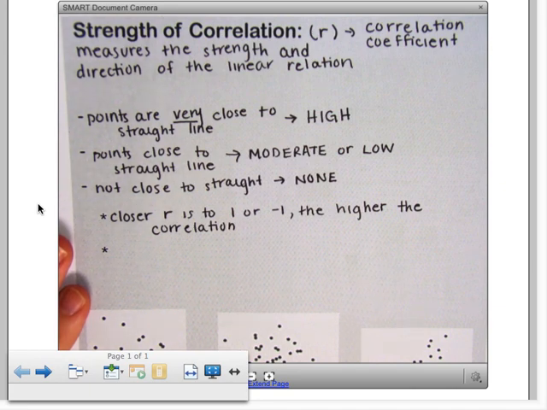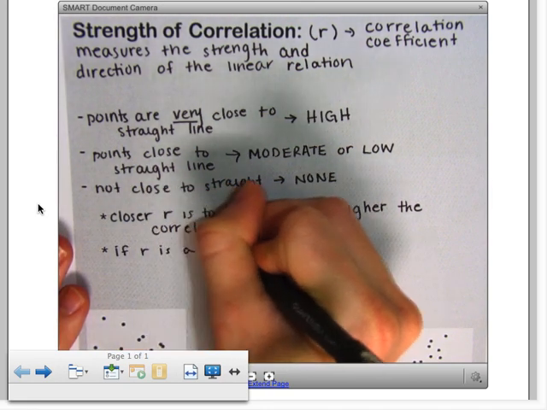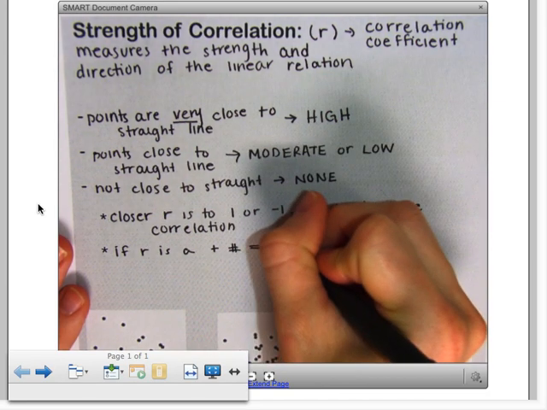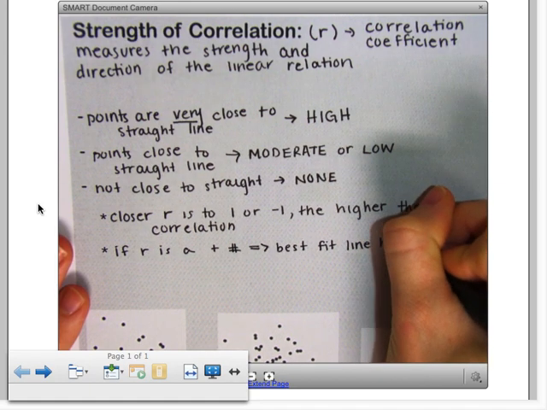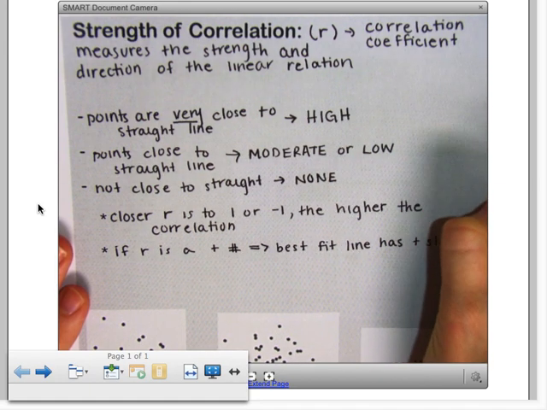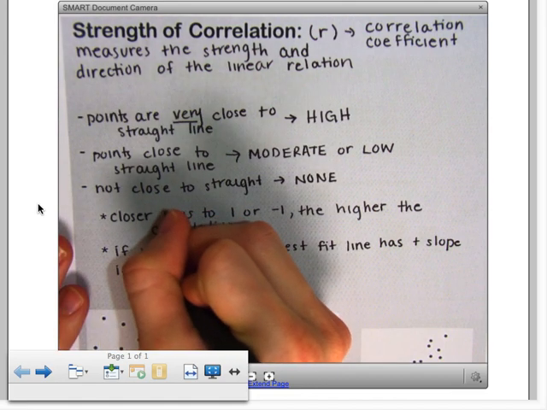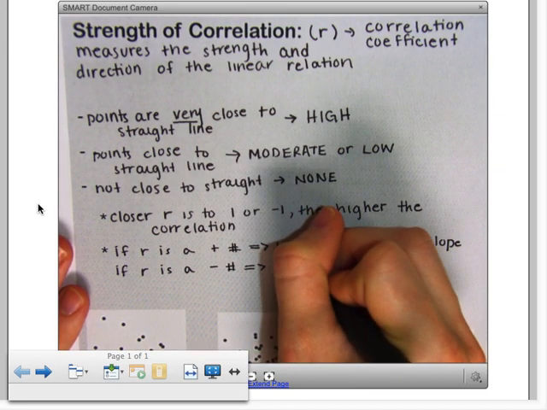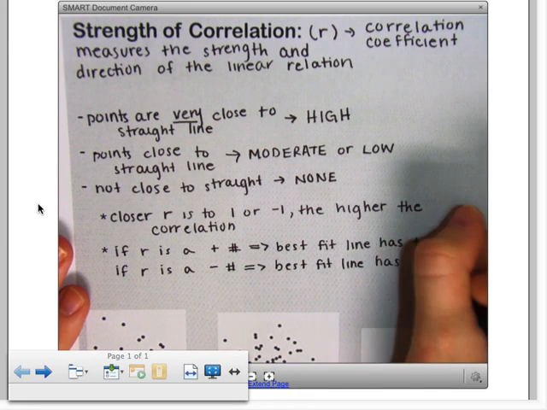Okay, then the second thing, if R is a positive number, this means that the best fit line has a positive slope. Same thing for negative. So if R is a negative number, then the best fit line has a negative slope.